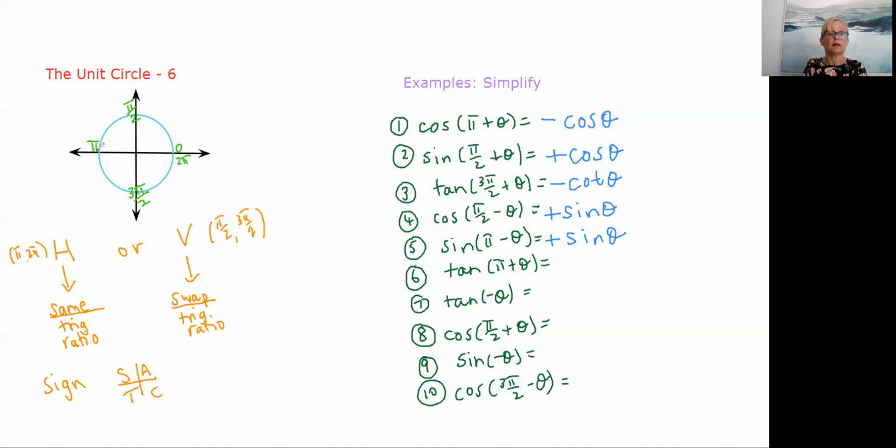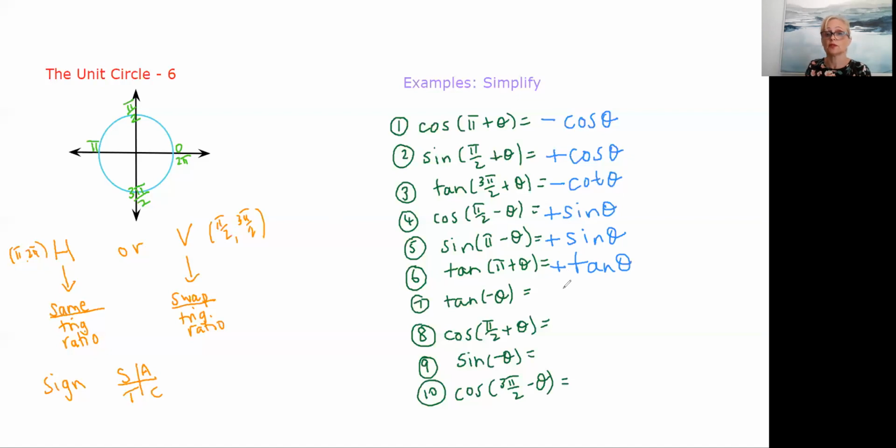Tan of pi plus theta, horizontal or vertical? It's horizontal, so it's going to stay as tan. In the 3rd quadrant, tan is actually positive because both your y and your x values are negative, and so when you divide a negative by a negative, of course, you get a positive. Tan of negative theta, horizontal or vertical?